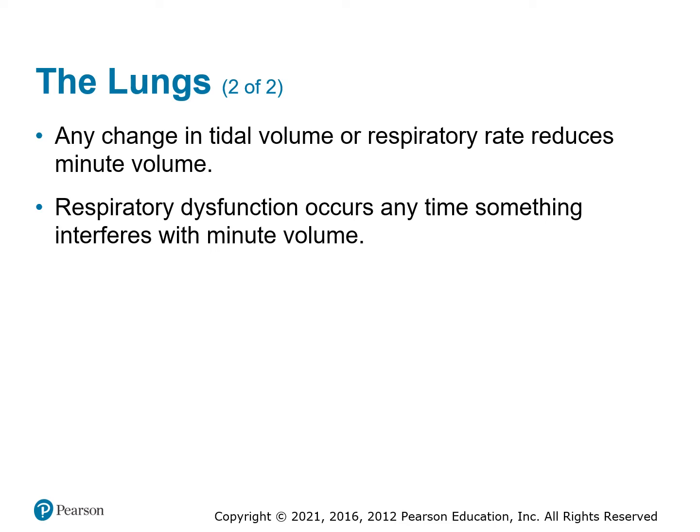If we change the volume or rate, because they're multiplied by each other, you change the minute volume. So if my volume goes down, my body tries to fix it by breathing faster.